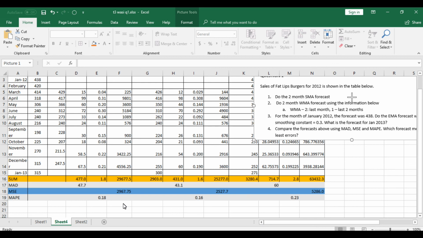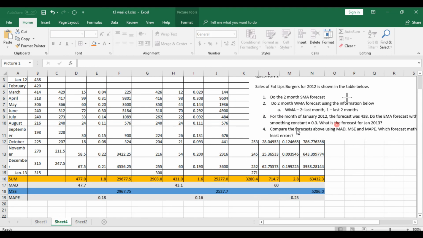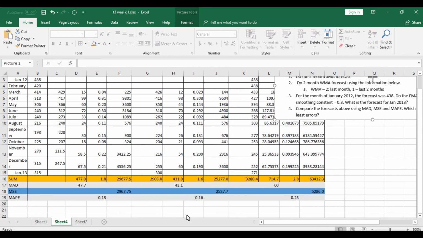In this we can clearly see that MAPE is giving us the least error, which is 0.16. So we will say that MAPE is the forecast method which is giving us the least error.